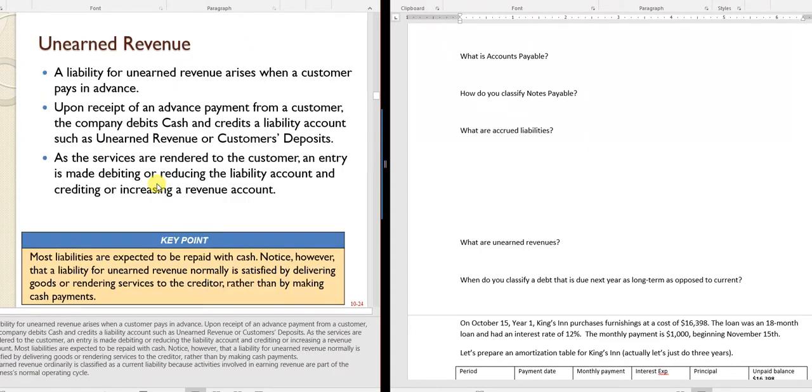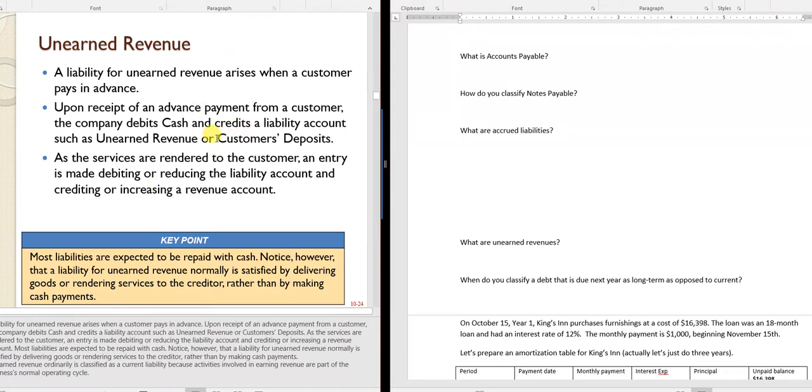Unearned revenue, we talked about this a little bit before, but if a lawyer charges a retainer, the lawyer debits cash and then they owe you something. So the lawyer will credit unearned revenue because they haven't yet earned it. When they provide those services, they'll debit unearned revenue to take it out and credit legal services revenue to add it to the revenue account. Some other things are customer deposits.